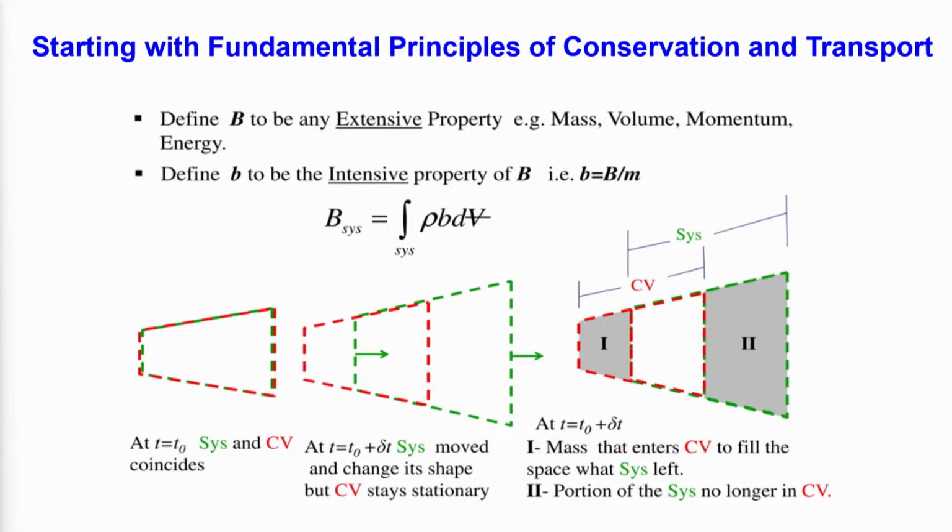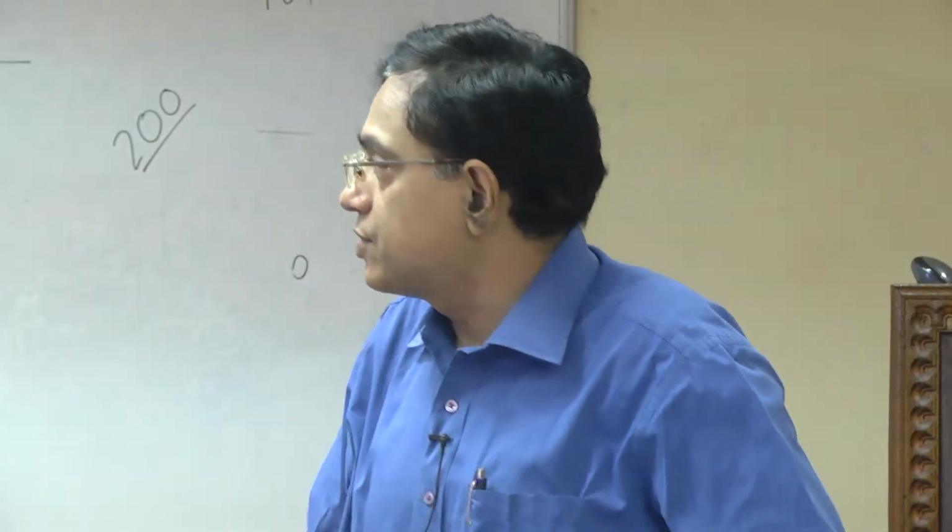The system is a control mass system, that means a fixed mass, shown by the green dotted line. It is a collection of mass which at time equal to 0 is coincident with a region, the red dotted line, which is your control volume, that means your fixed place.